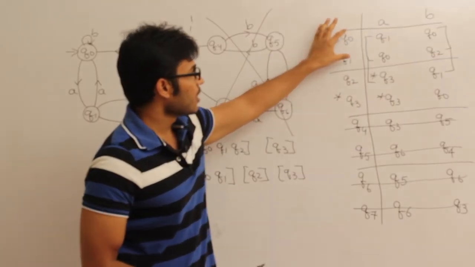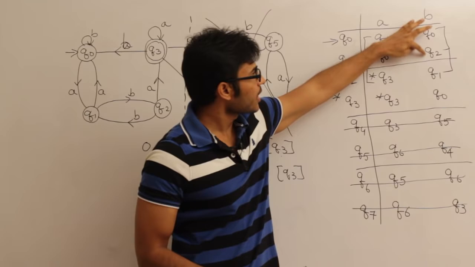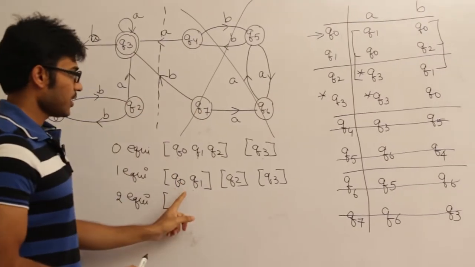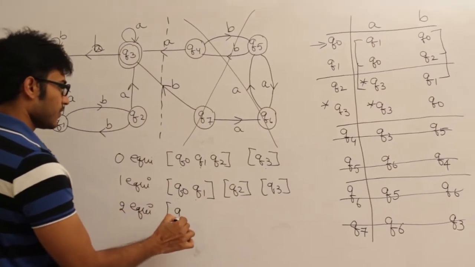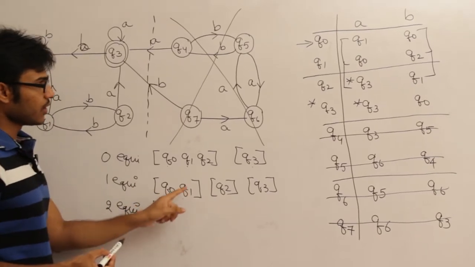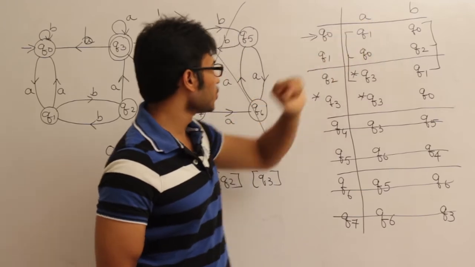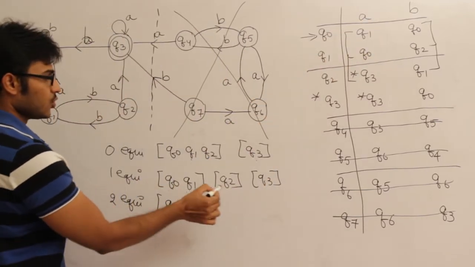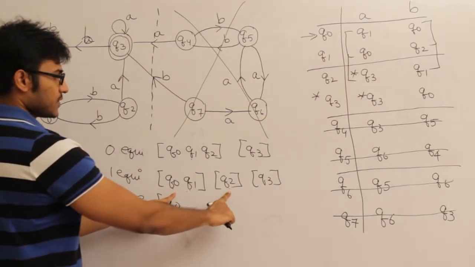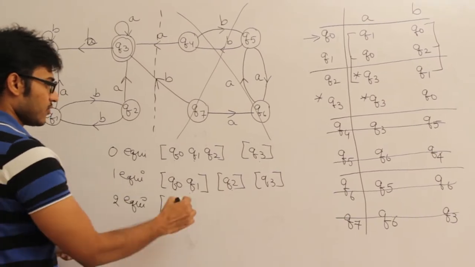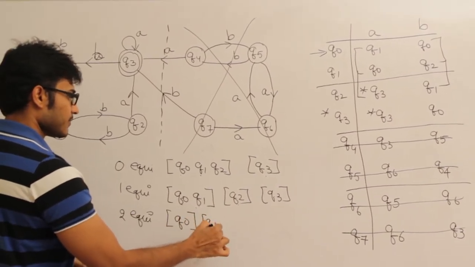On small b they are going to Q0 and Q2, which means they are going to different groups in the previous equivalence. Therefore, they are no more equivalent.